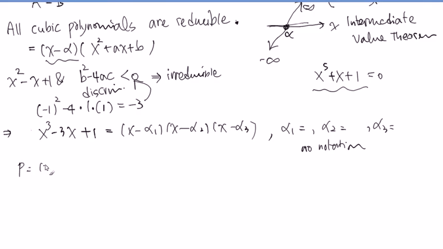p being x minus 1, x squared minus x plus 1, x minus 2, versus q being x plus 1 squared, x minus 2. Do you think they have common factors? P and q, do they have a common factor?